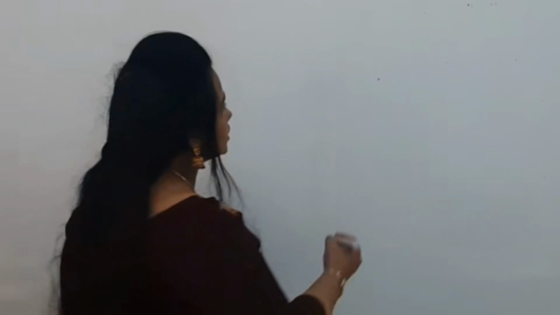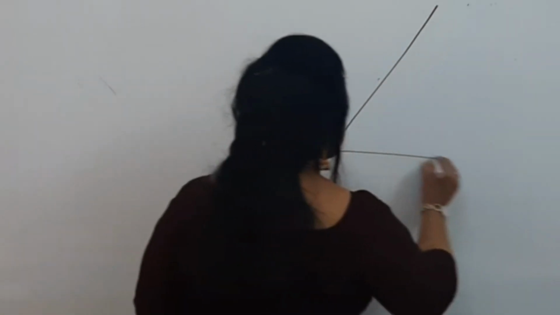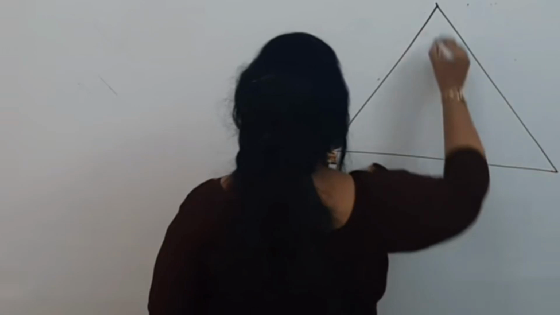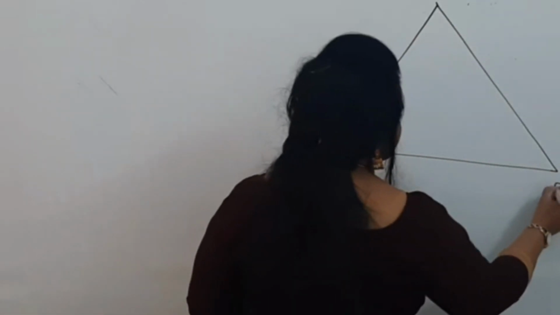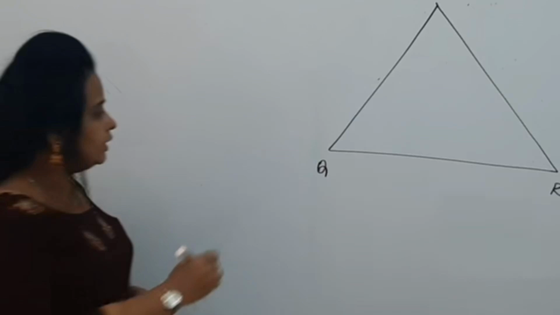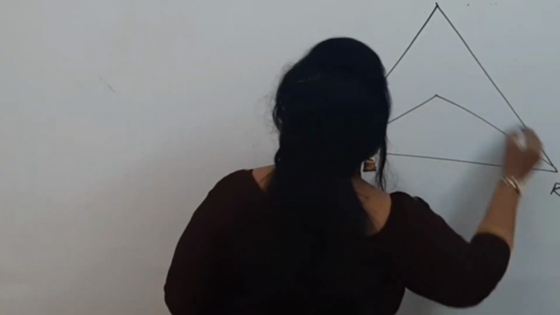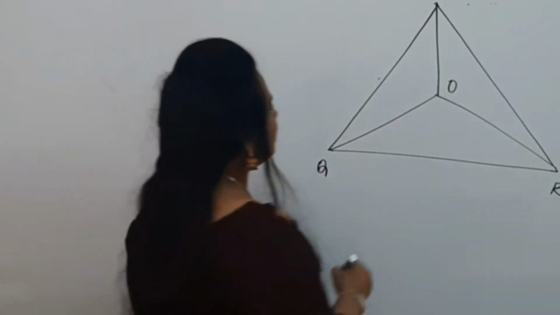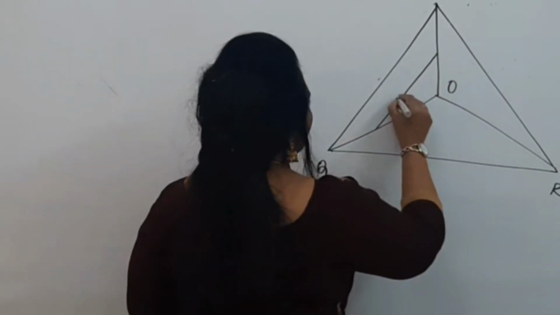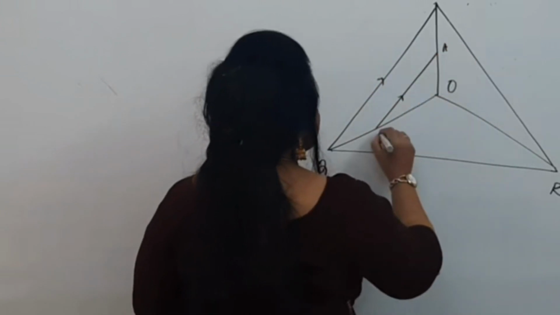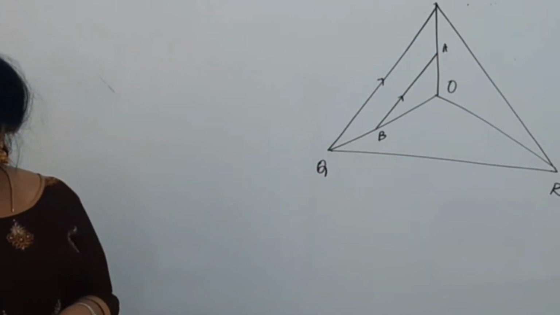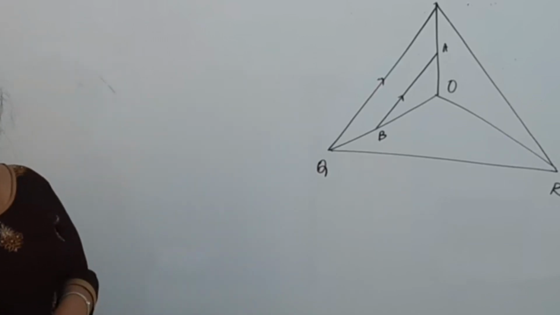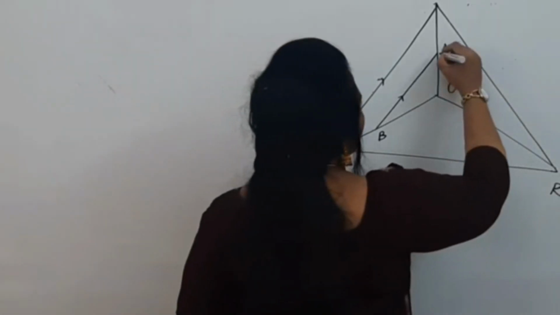So the diagram is given like this, that is PQR is a triangle. And in that it is given, it is O. Now AB parallel to PQ, so I have to draw AB parallel to PQ, and then we have to prove that BC parallel to QR, AC parallel to PR, it is given.